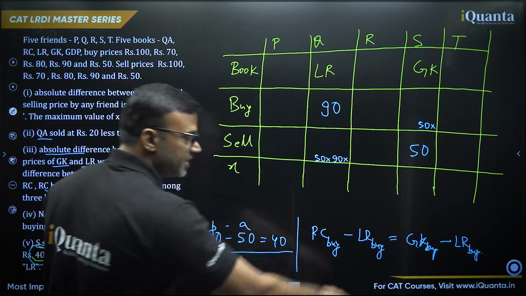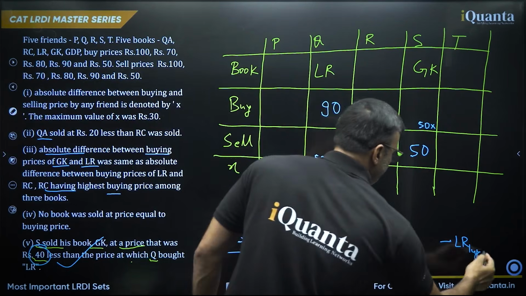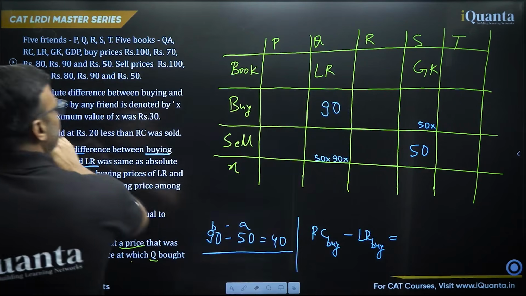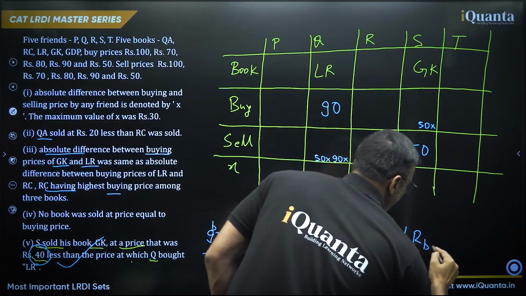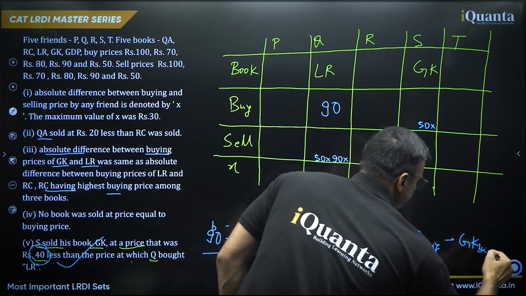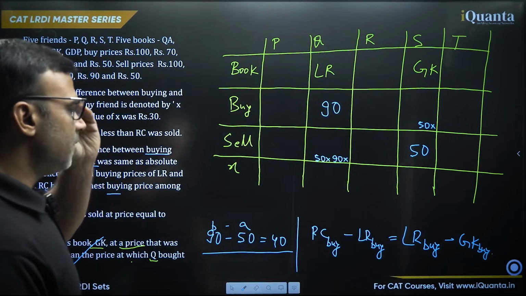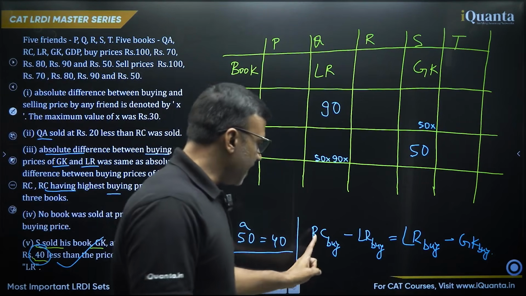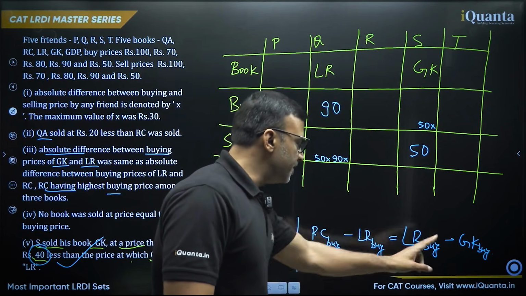So what does that mean? This is not like this. It will be just the reverse of that: LR buy minus GK buy. You have to be careful about the buying and the selling price. So RC buy minus LR buy equal to LR buy minus GK buy. One thing is very clear, that RC buying price has to be more than at least two of them.